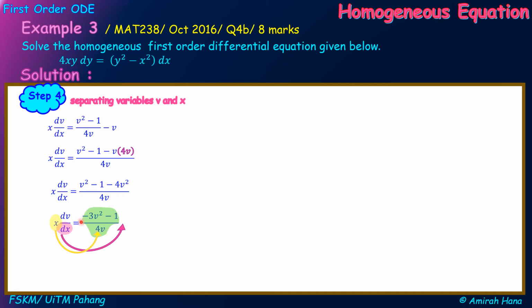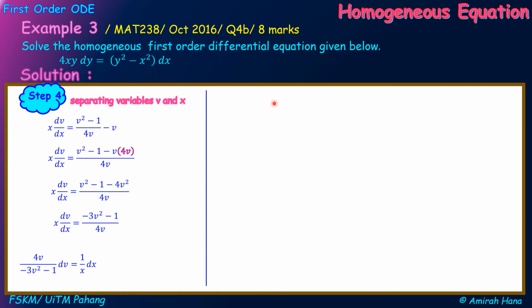Then we move the fraction negative 3v squared minus 1 over 4v to the left hand side, so we exchange numerator and denominator. So we get 4v over negative 3v squared minus 1 dv equals 1 over x times dx. Now we have separated variable v with dv and variable x with dx.